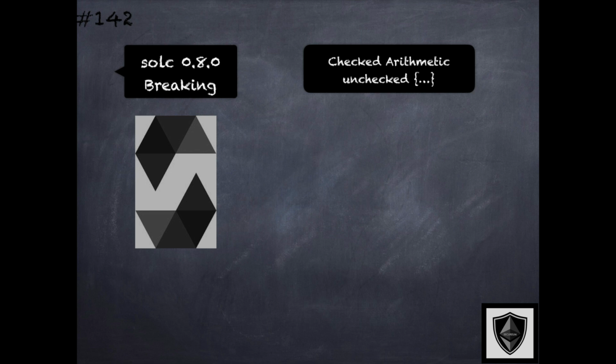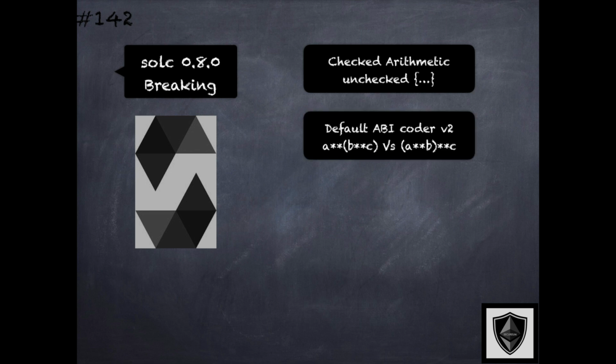And as an escape hatch where the developer knows for sure that certain arithmetic is safe from such underflows and overflows, Solidity provides the unchecked primitive that is allowed to be used on blocks of arithmetic expressions where this default underflow and overflow checks are not done by the Solidity compiler.